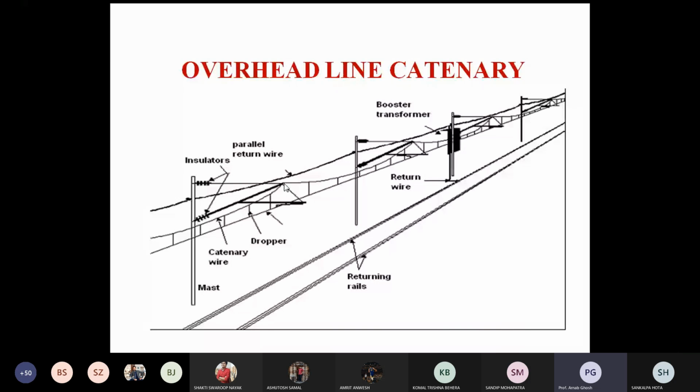Especially the traction substation is designed only for the railway system, where you take one feeder directly from the transmission substation, and in the traction substation that 132 kV is stepped down to 25 kV.